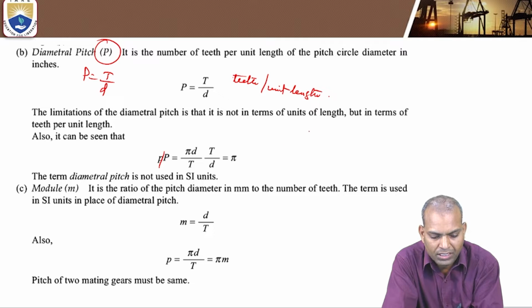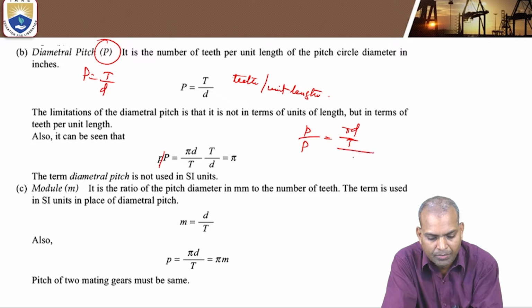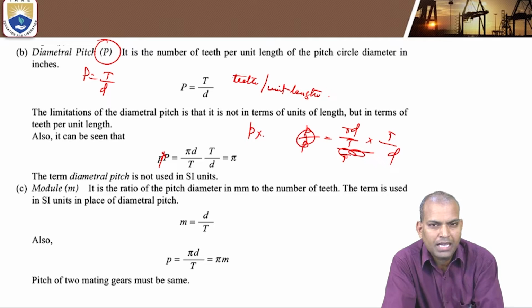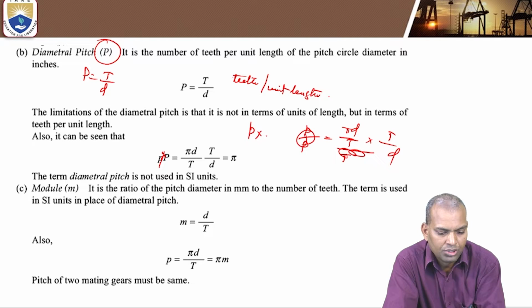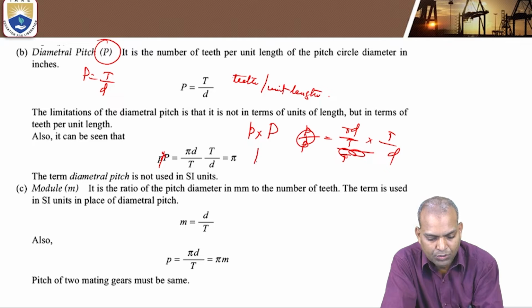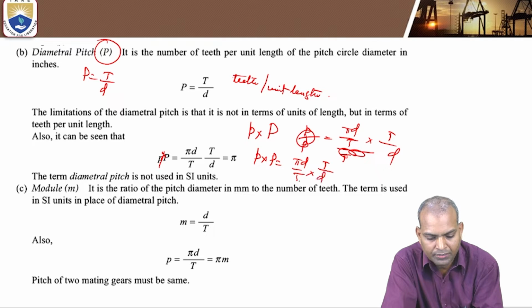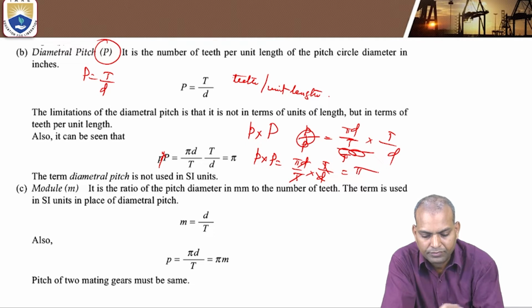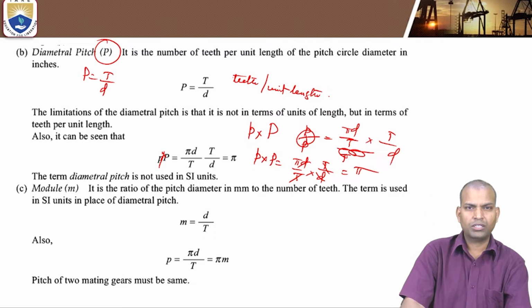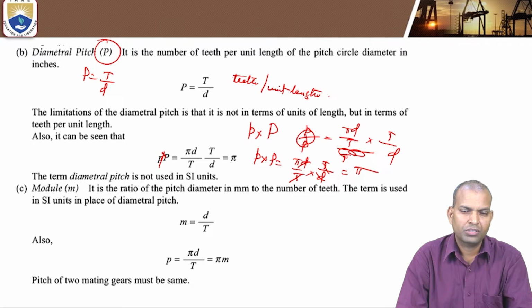Small p into capital P is pi d by capital T, into T by D. The product of diametral pitch and circular pitch, small p into capital P, equal to pi d by t into t by d, that is pi. So the product of circular pitch and diametral pitch is equal to pi.